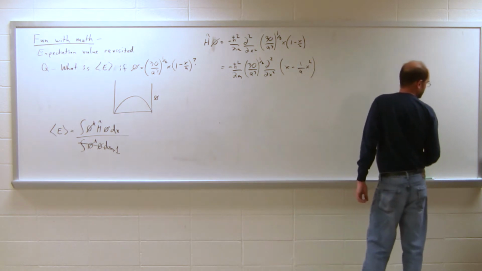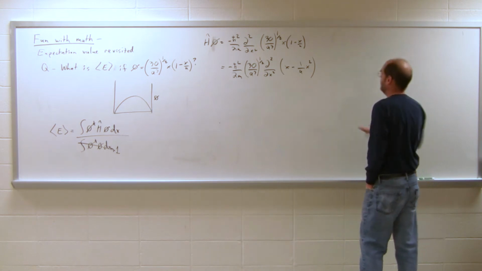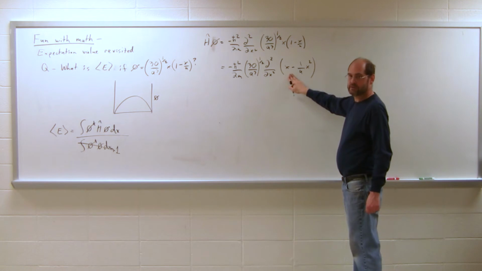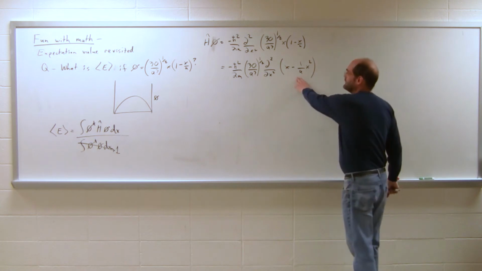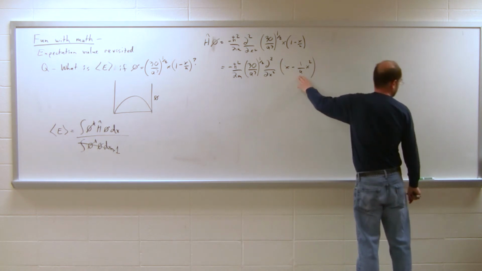Why do I do it this way? It's pretty simple. The second derivative of the first term is going to give me 0. First derivative will give me 1, second derivative will give me 0. The second derivative of the second term is going to be equal to minus 2 over a.